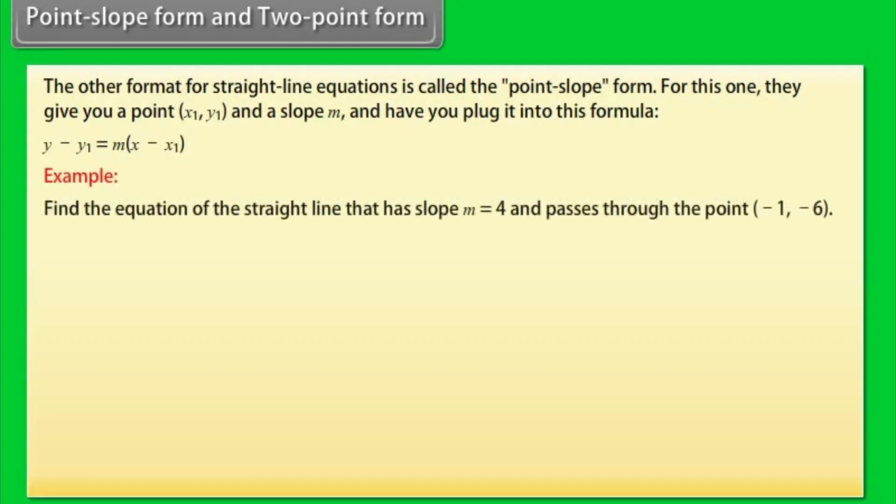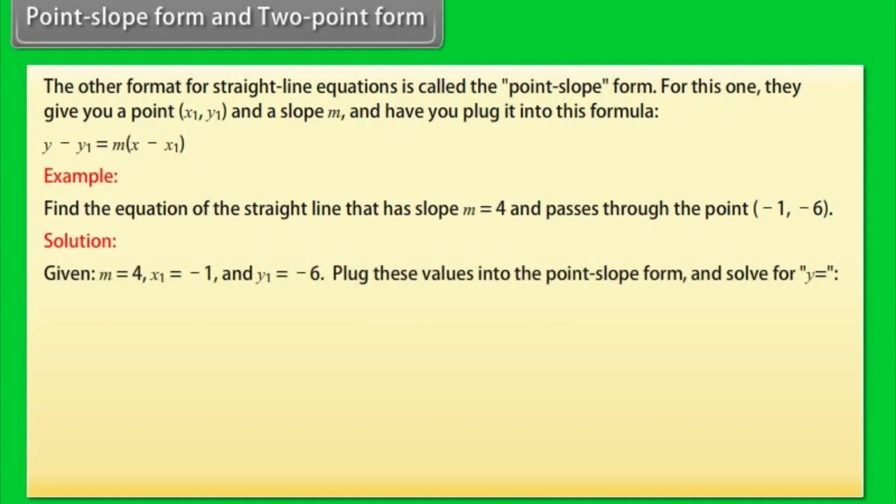Example. Find the equation of the straight line that has slope m is equal to 4 and passes through the point (minus 1, minus 6). Solution. Given m is equal to 4, x1 is equal to minus 1 and y1 is equal to minus 6.